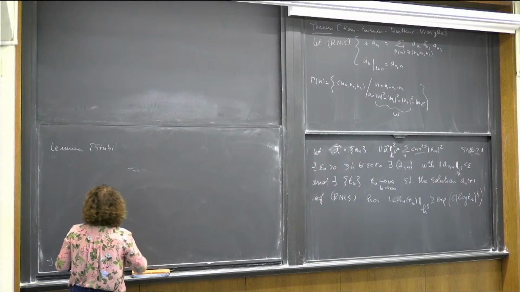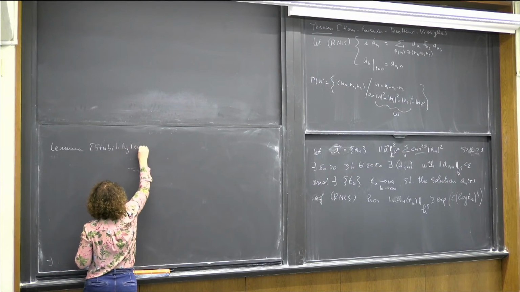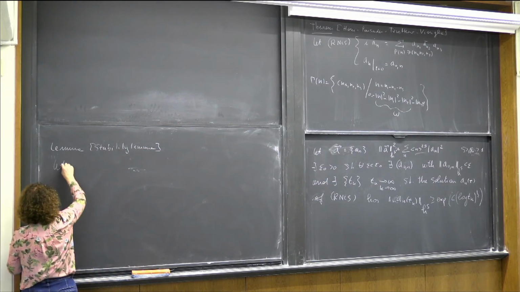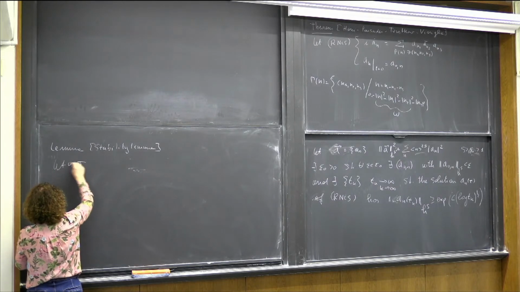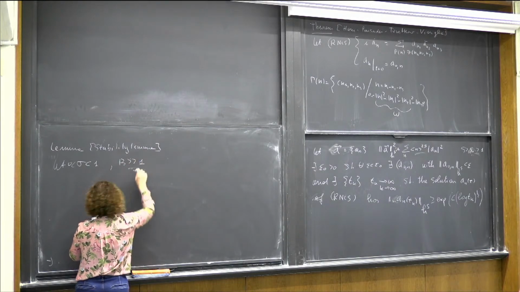OK, so this is the stability lemma. We let sigma be a small quantity, less than 1, and B a large quantity.